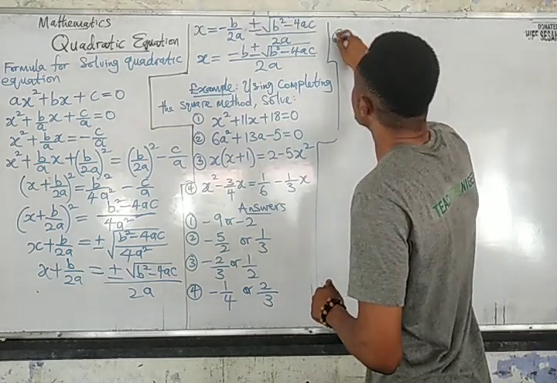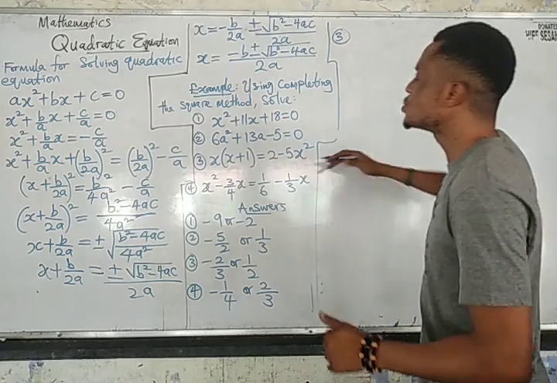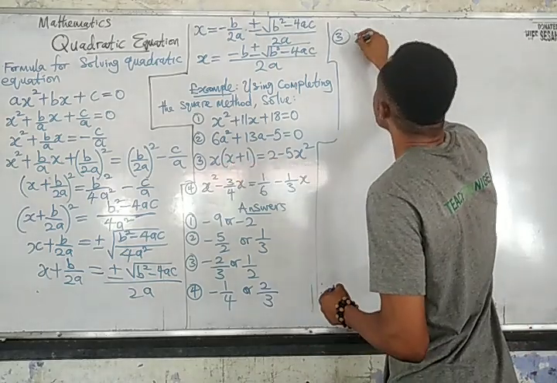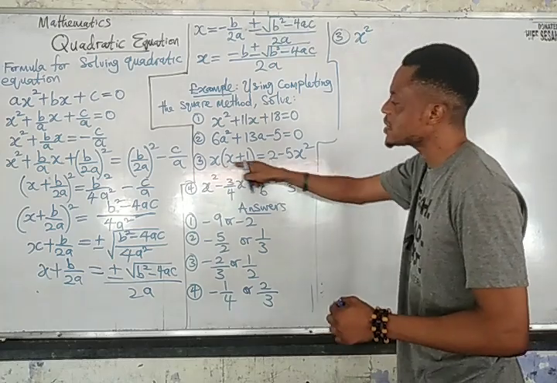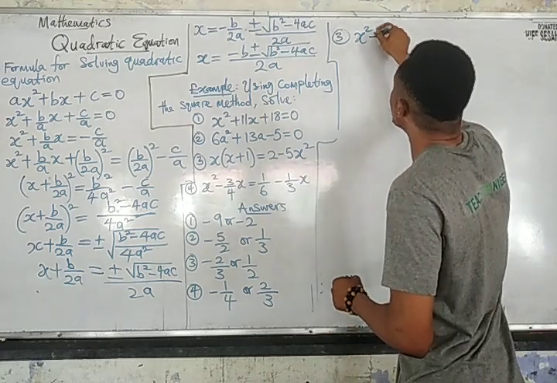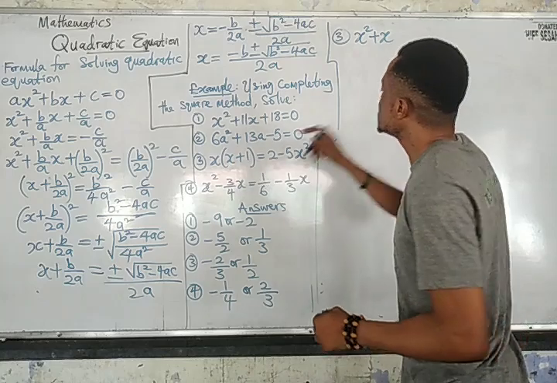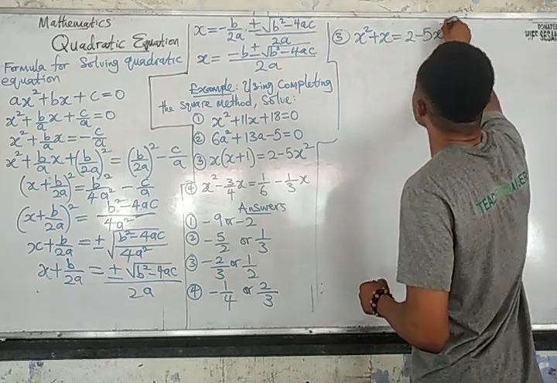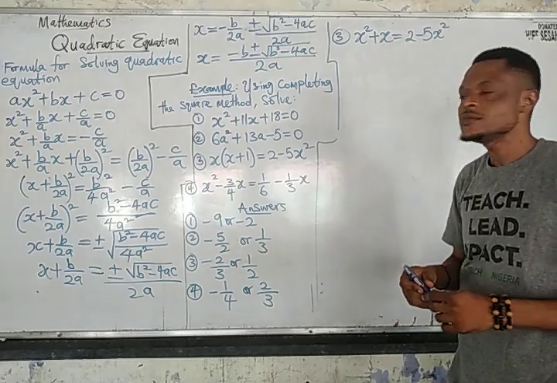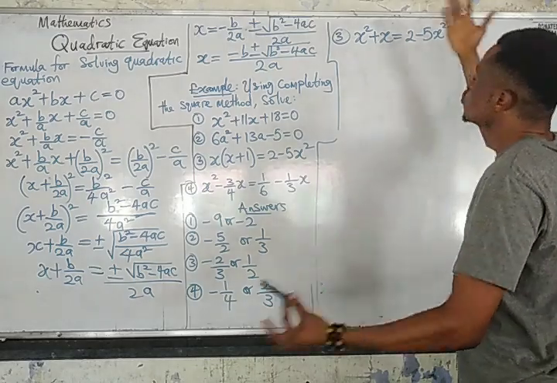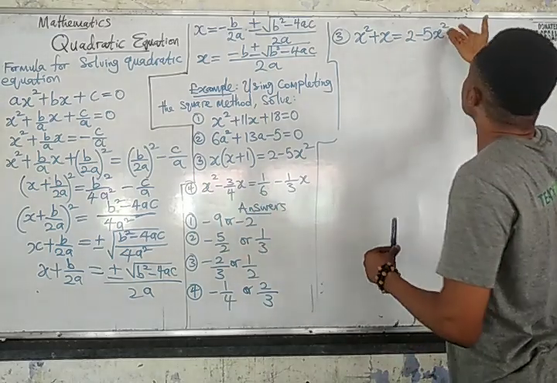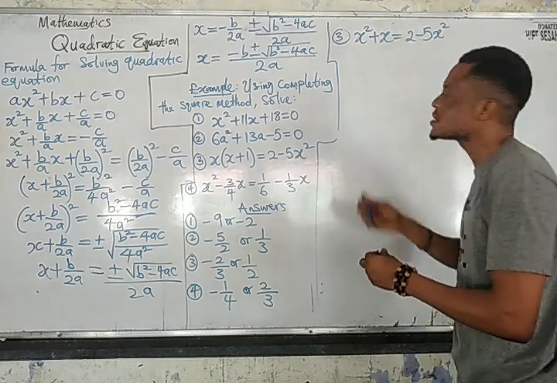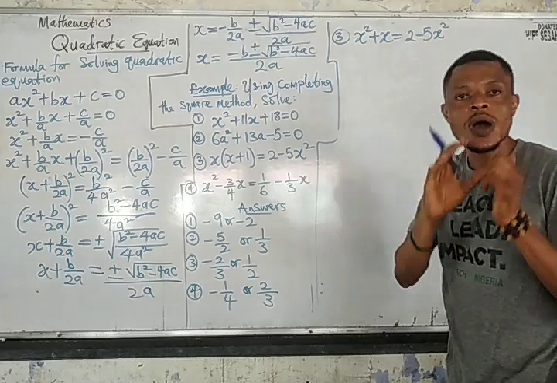So solving question number 3, let's try to treat this again. X multiplied by x, we have x squared. Then x multiplied by 1, it will give us an x. For this side is equal to 2 minus 5x squared. So the next thing is to collect the like terms. The minus 5x squared will come to the right side, then the sign will change to addition.